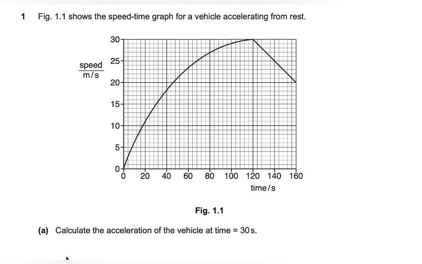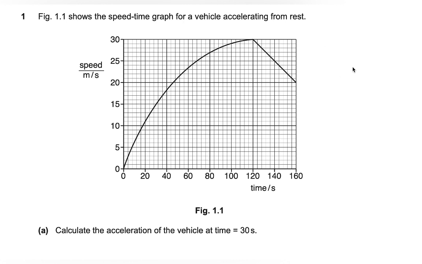Now it says calculate the acceleration of the vehicle at time equal to 30 seconds. At 30 seconds, we're going to draw a tangent line, because you cannot calculate the gradient of a curved line unless you place a tangent on it.